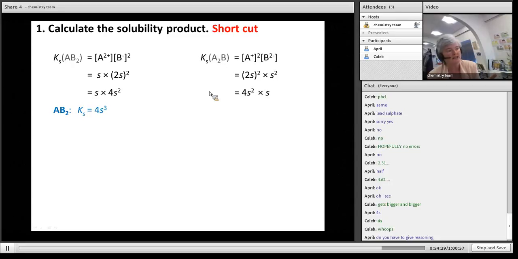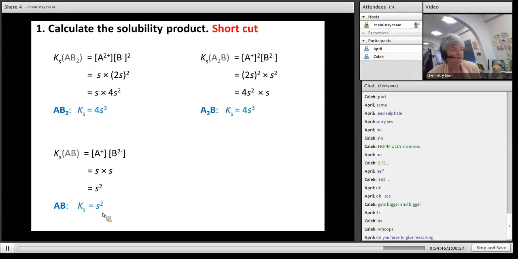So both of these would be 4S cubed. If you have an AB salt, then it's going to just be S squared. So if I gave you silver chloride, AgCl, and you had to calculate the solubility product, you would just simply take the solubility and square it, and that's your solubility product.